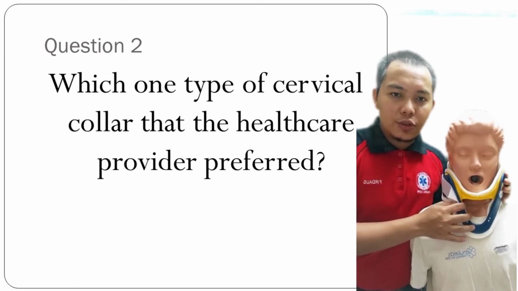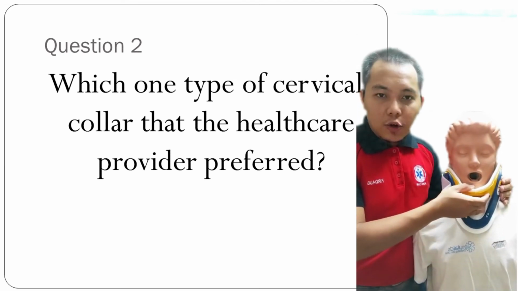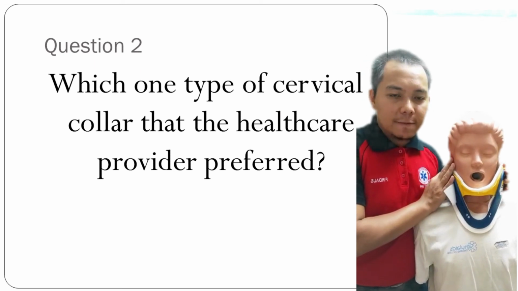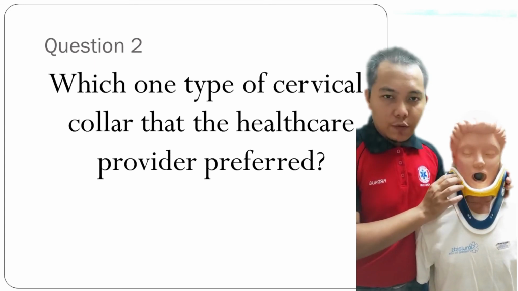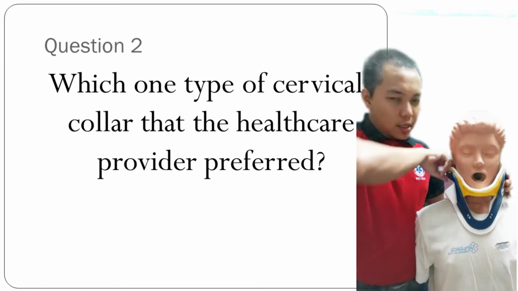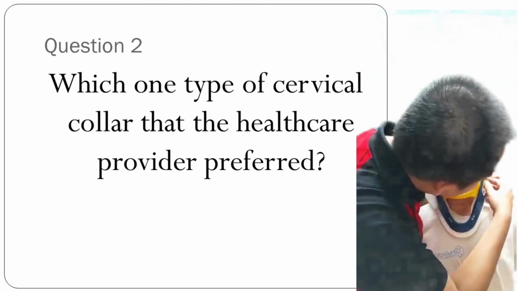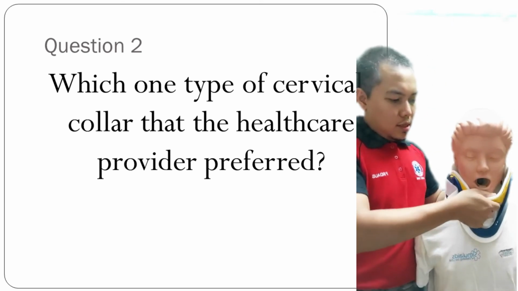I will show you a demo. Let's say this patient complains that the neck is too flexible to move, or too tight, or the measurement is not accurate. You just click off this button and this button to adjust the neck.